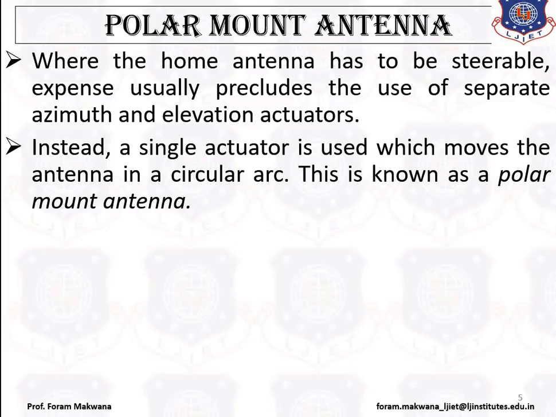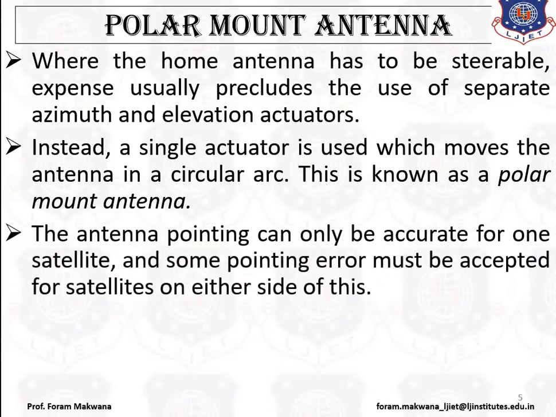So this phenomenon is known as the polar mount antenna, right? The antenna pointing can only be accurate for one satellite, because we point our antenna in a specific direction for a specific azimuth angle and a specific elevation angle. So it can accurately point at only one satellite.